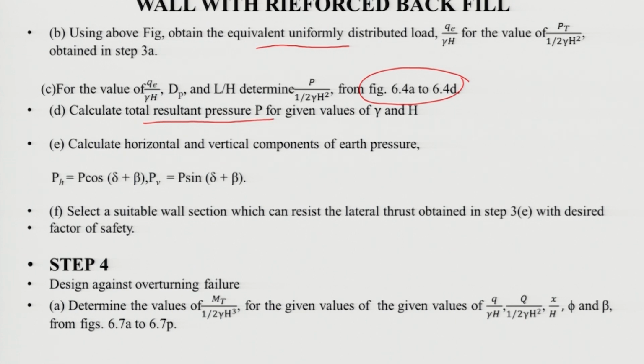Here also we first determine the value of MT by half gamma H cube for a given value of Q by gamma H, Q by half gamma H square, X by H, phi and beta from different figures 67A to 67B.